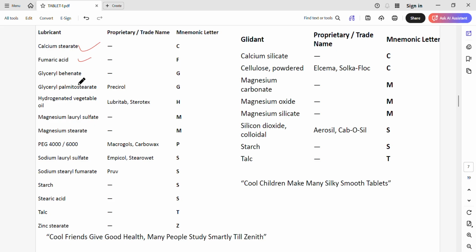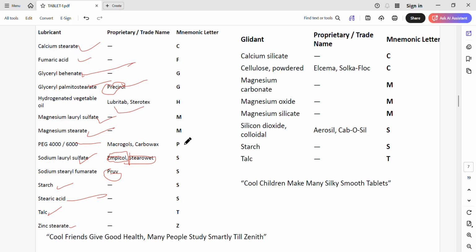These are lubricants, which include glyceryl behenate, and glyceryl palmitostearate, whose proprietary name is Precirol, and hydrogenated vegetable oil, which is Lubritab, and magnesium lauryl sulfate, and magnesium citrate, PEG 4000 and 6000, sodium lauryl sulfate, and sodium stearyl fumarate, starch, stearic acid, talc, and zinc stearate.